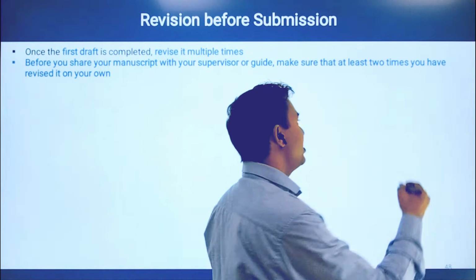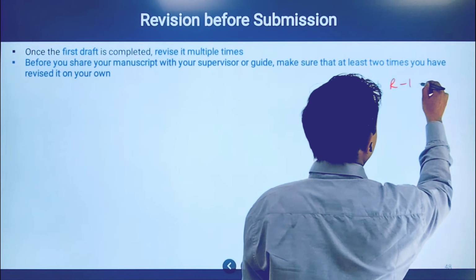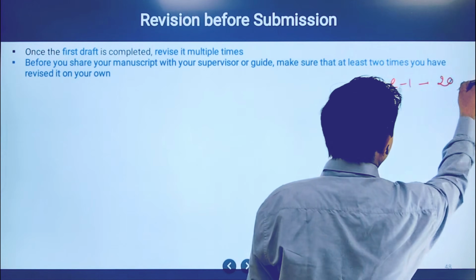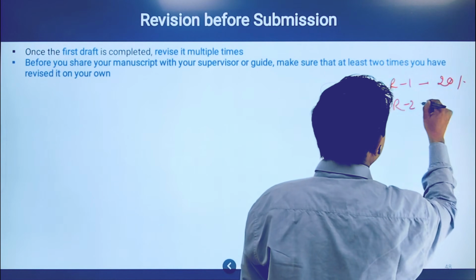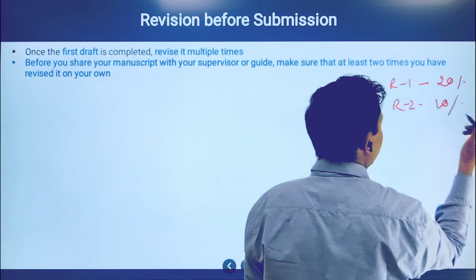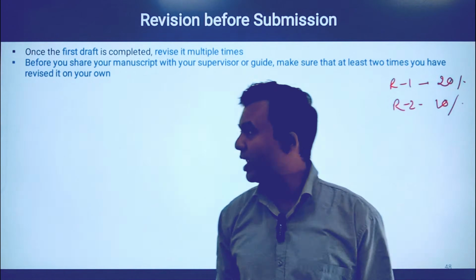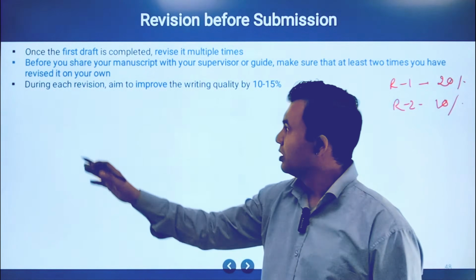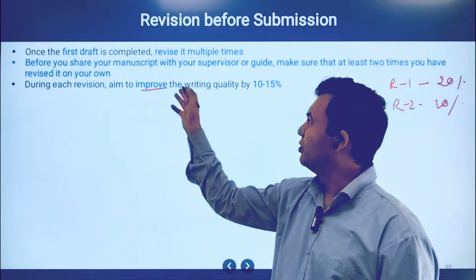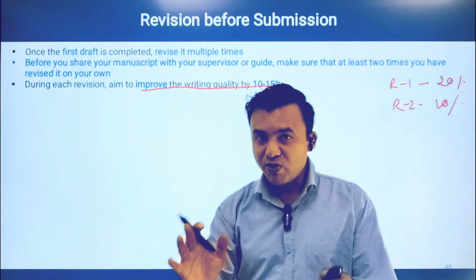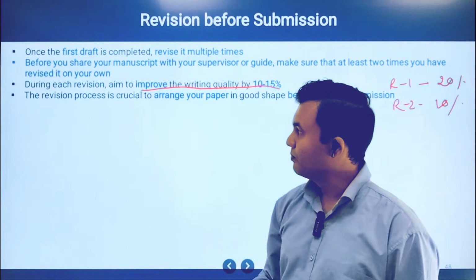And in each revision, let's say revision 1, you can say 20% improvement. Revision 2, let's say 10% improvement in writing, right? Revision 3, enhance it 10 to 20%, and try to enhance it each revision. During each revision, aim to improve and increase 10 to 15% of the quality standard.